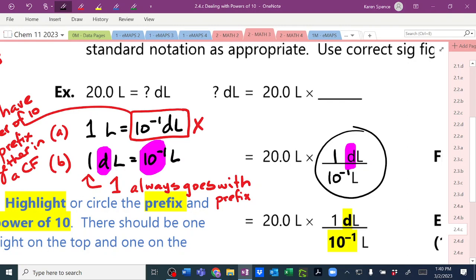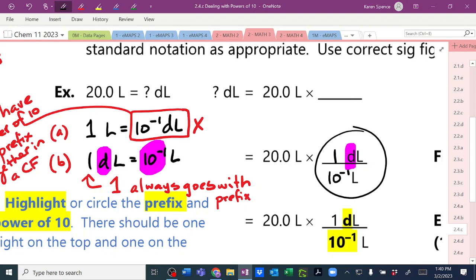A tiny fraction of a liter, 1/1000th of a liter is a milliliter. So start thinking about whether you're looking at a big unit or a small unit and what you should have in front of them. And if that confuses you, put the 1 in front of the prefix, okay? That will always get you the right answer. Put the 1 where?